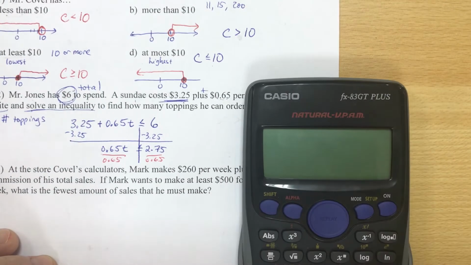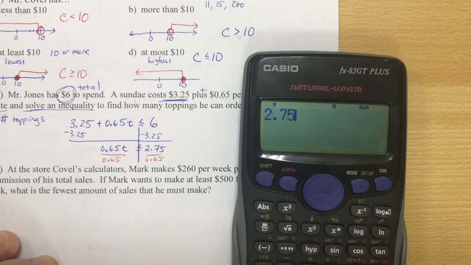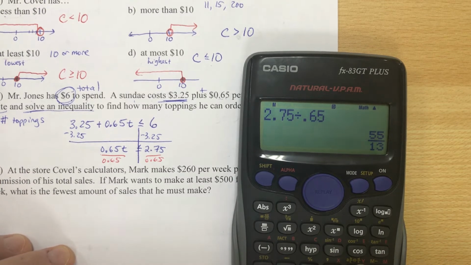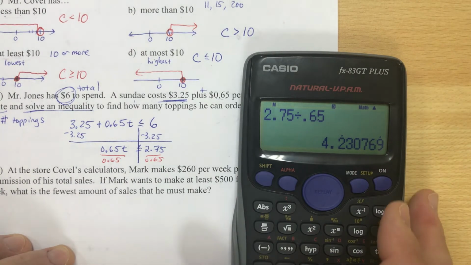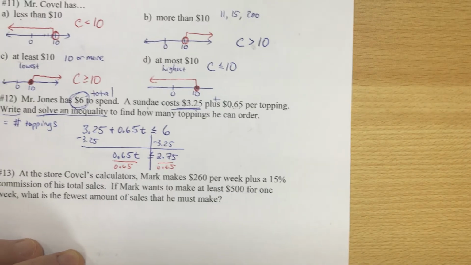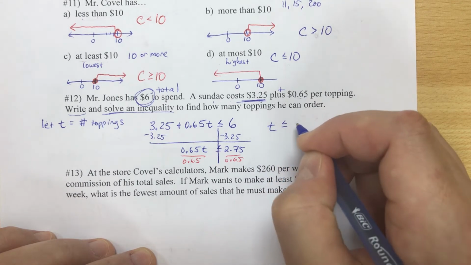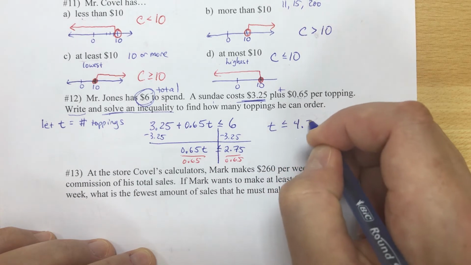I'm going to take a calculator here. 2.75 divided by 0.65 equals 55/13, which as a decimal is 4.23. Oh, wow, that's a big repeating decimal. Okay, so approximately 4.2. I will approximate. T is less than or equal to about 4.2.